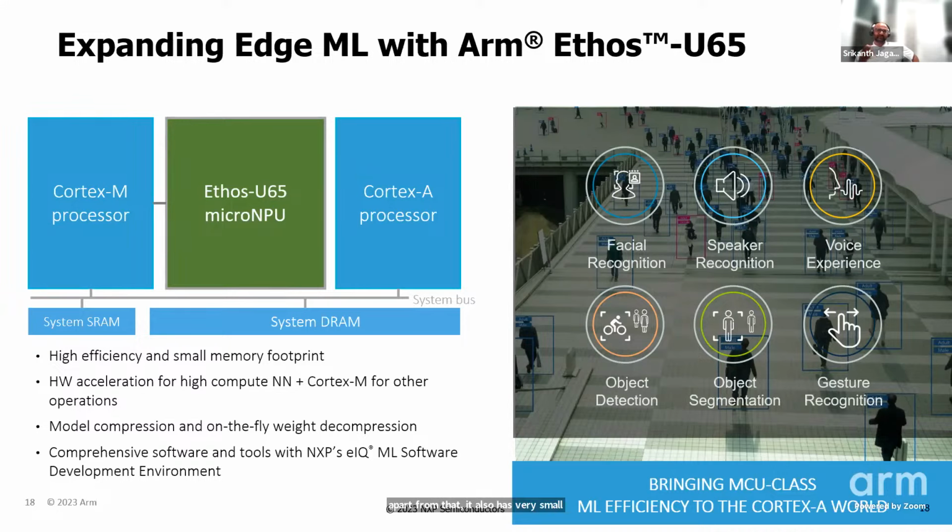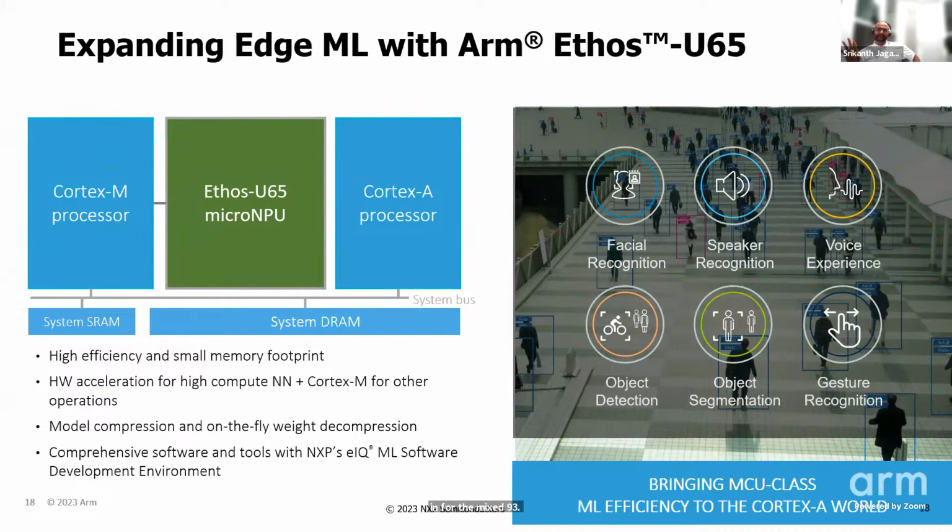And then obviously, the NPU, Ethos-U65, offers hardware acceleration when we run machine learning models. It also does on-the-fly model compression and decompression of the weights. And then from NXP, we have the eIQ machine learning software development environment, where we provide tools and enablement for customers to easily start developing the custom models they need for the i.MX 93.